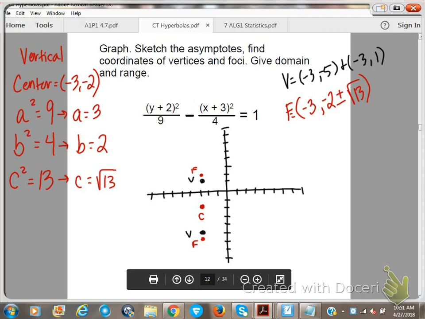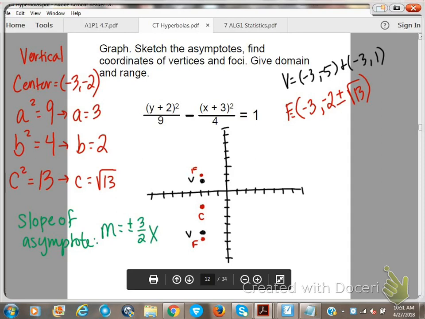So in this case, what is the slope? Plus or minus 3 over 2x. Good. So the slope of our asymptote, m is for slope, is plus or minus 3 over 2x. Okay, so you'll start from your center.